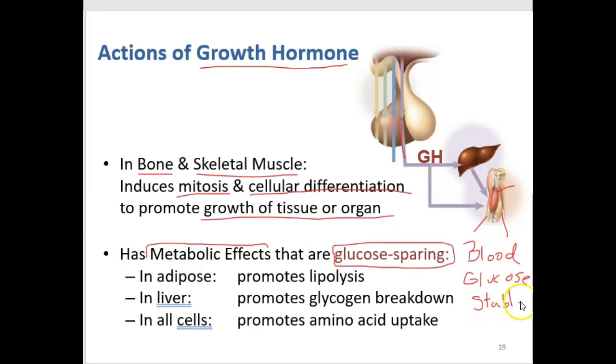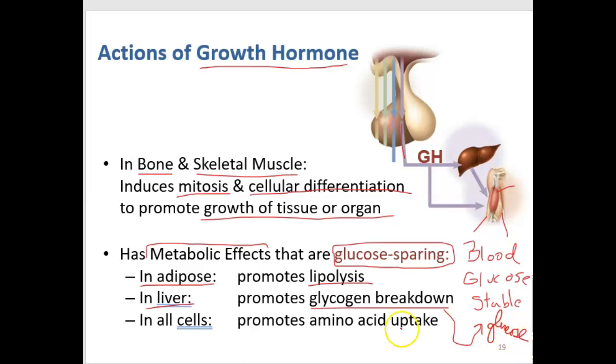So, growth hormone acts on adipose tissue, making it break down lipids, and that releases another energy source so the blood glucose doesn't have to be used for a nutrient. In the liver, growth hormone promotes the breakdown of glycogen, which just releases more glucose into the blood, so it helps keep blood glucose up.